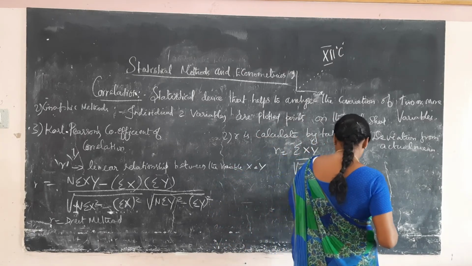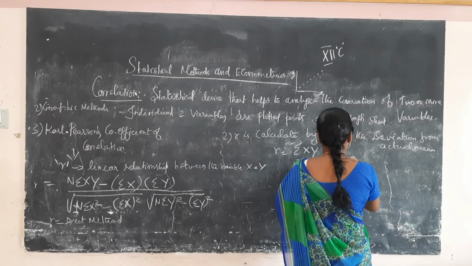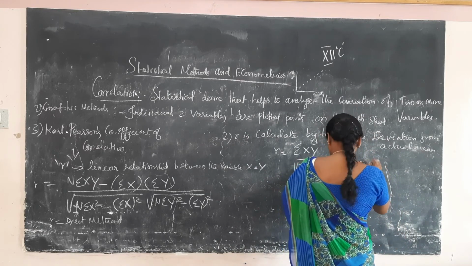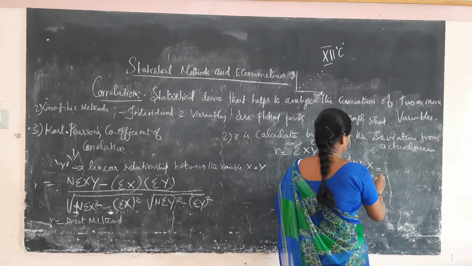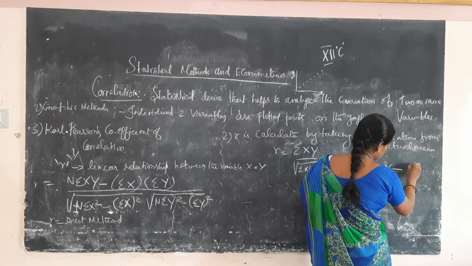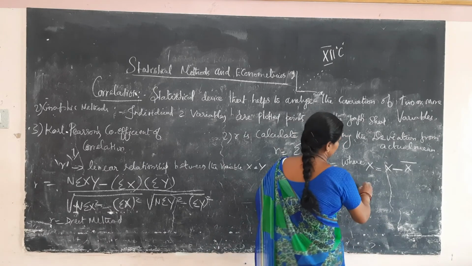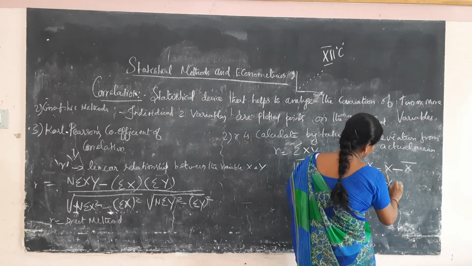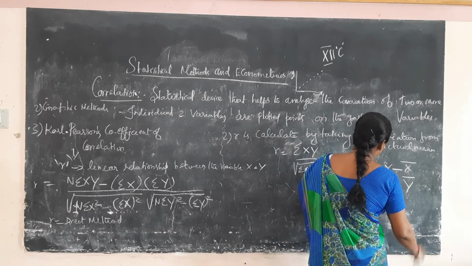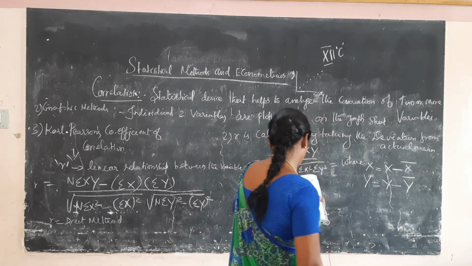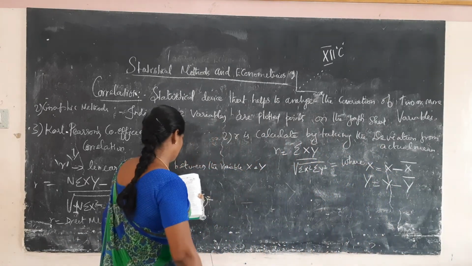Here x means x minus mean, that is x dash, and y means y minus mean, that is y dash. And R is also calculated by the assumed mean.